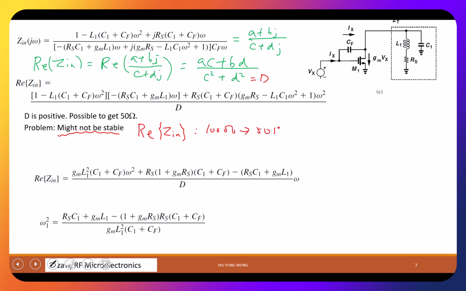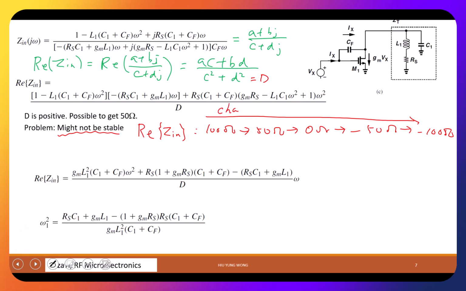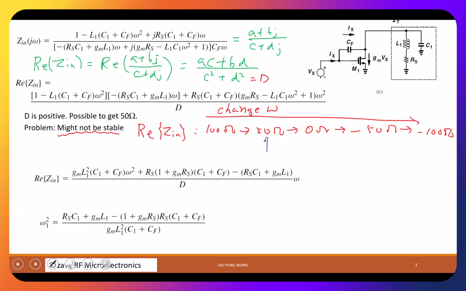Becomes 50 ohm, becomes 0 ohm, becomes negative 50 ohm, becomes negative 150 ohm. When I change omega, there is one omega that will give me 50, right? This is omega operating.